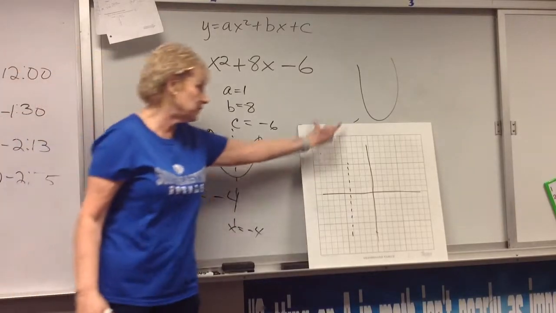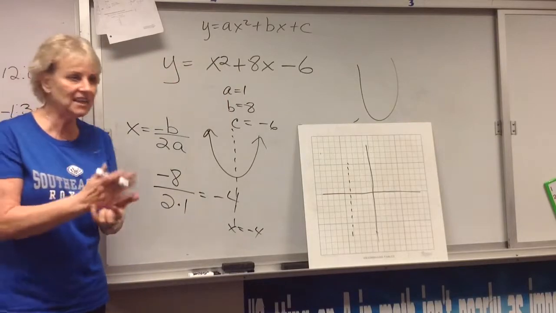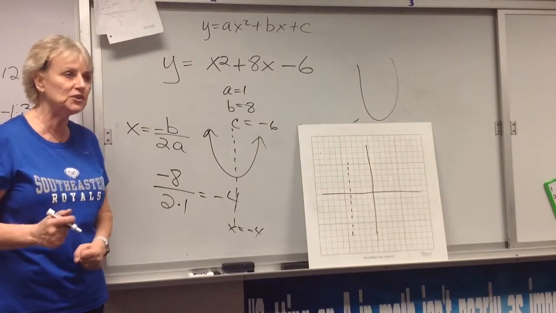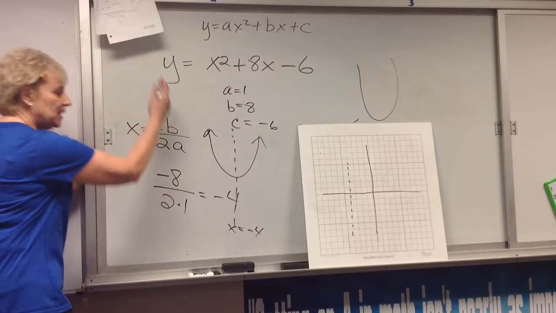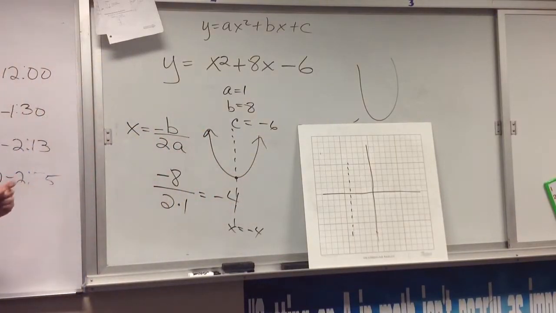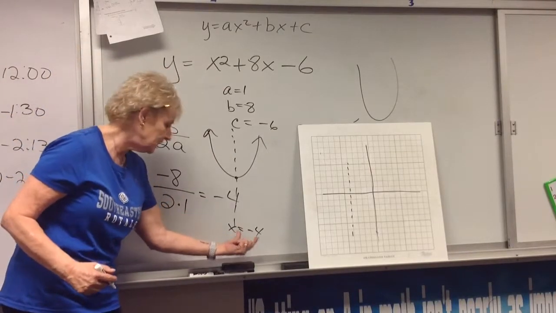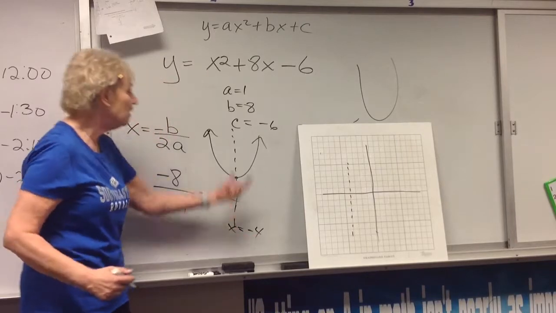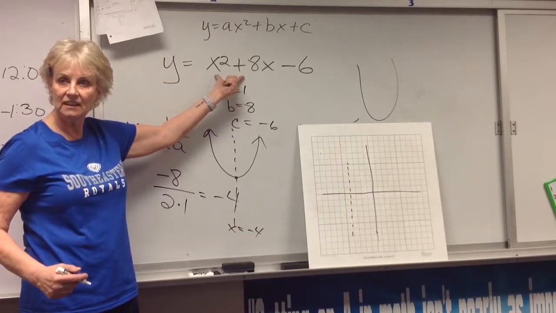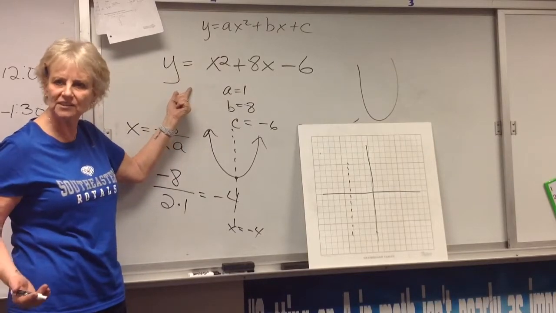We don't know if it's up here, we don't know if it's down here, but that's the middle. The next step is to find the vertex. Since it goes up, we are looking for the minimum. We are looking for the vertex by plugging in the -4 for x. And that gives us y, which is our vertex.